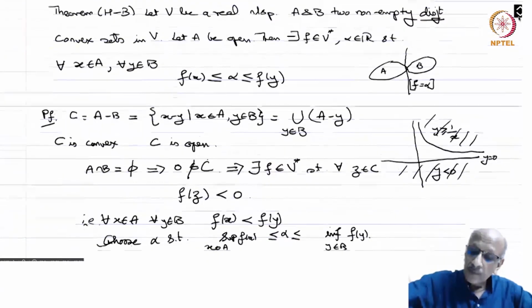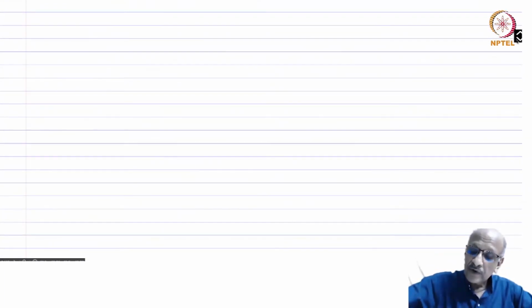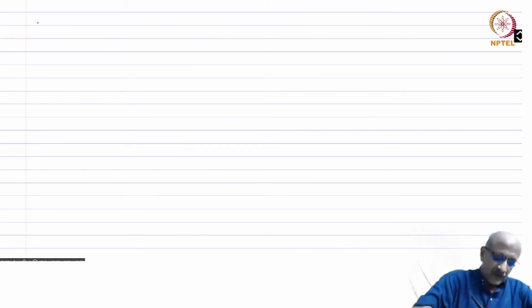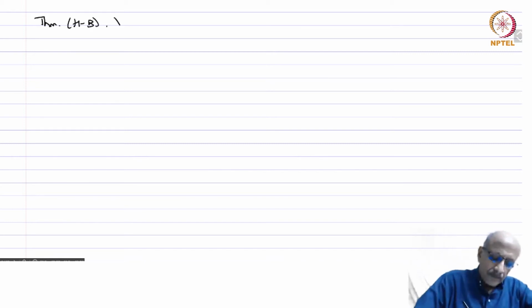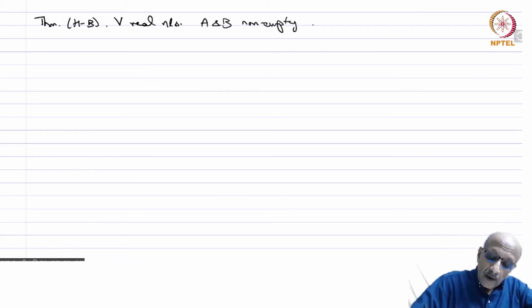Okay, so now we would like to see when you can do a strict separation. So that is the next Hahn-Banach. So V a real normed linear space, A and B non-empty disjoint convex sets. A is closed and B is compact.